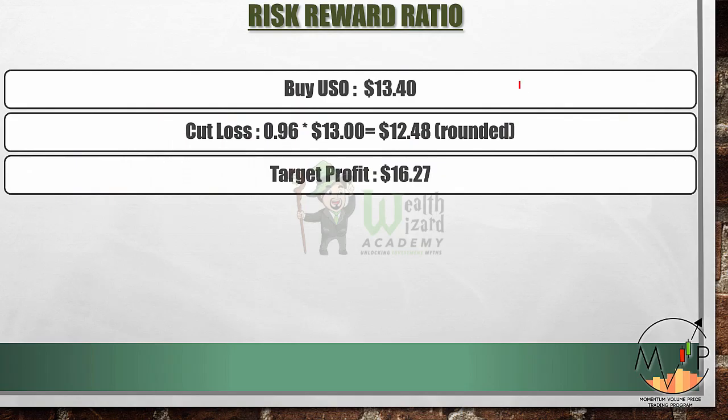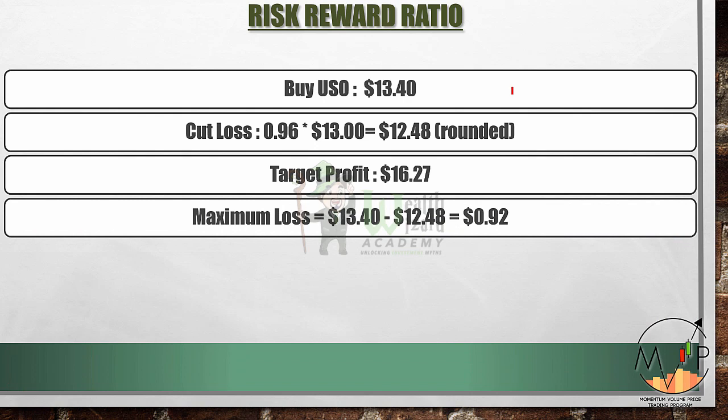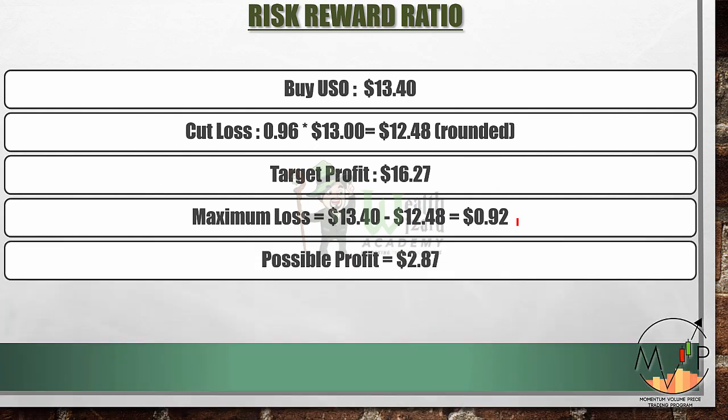So I got a target profit of $16.27. Okay, so now we have our buying price $13.40, cut loss level $12.48, target profit $16.27. Other things remain the same. So maximum loss is our buy price minus the cut loss level, which gives us a maximum loss of 92 cents.